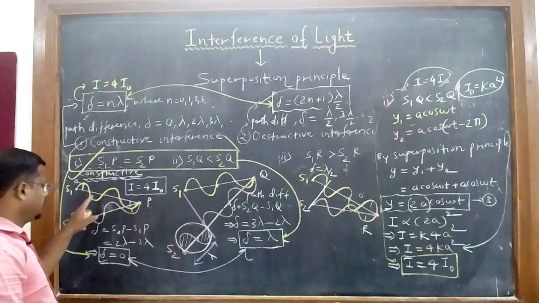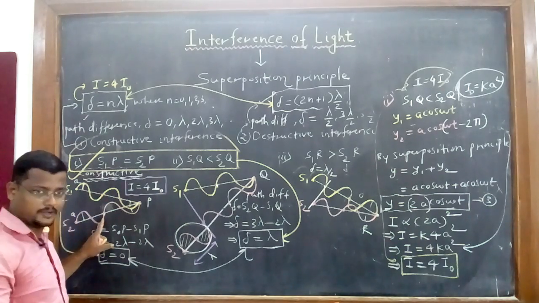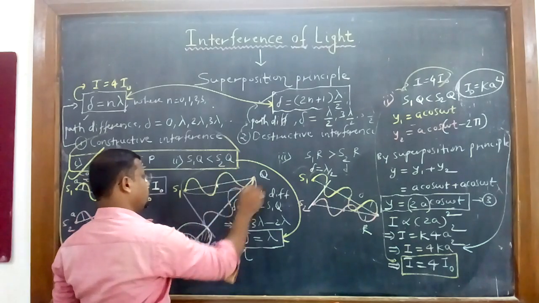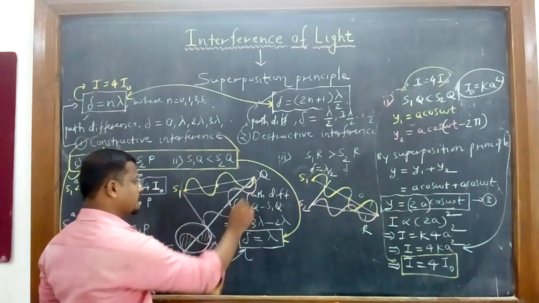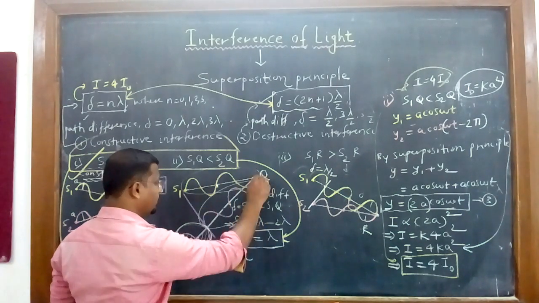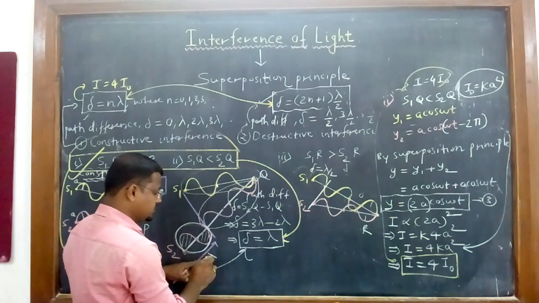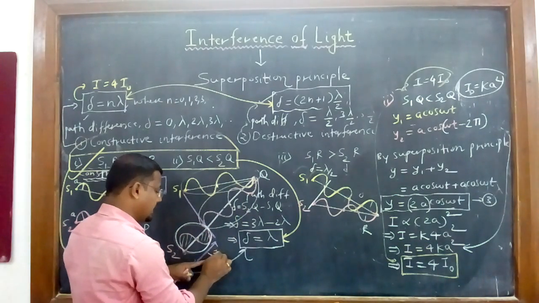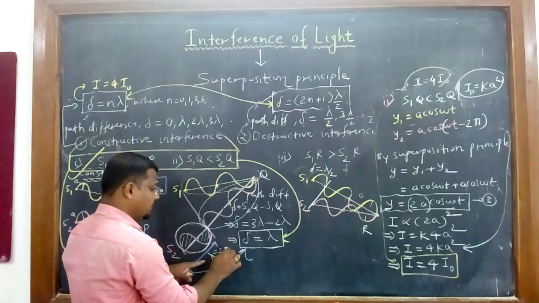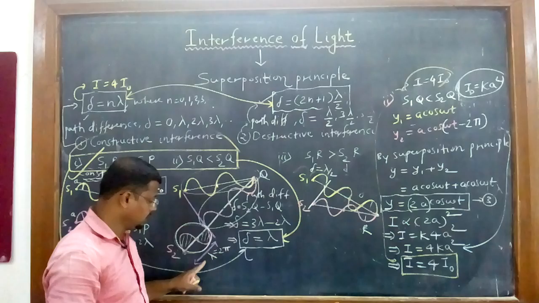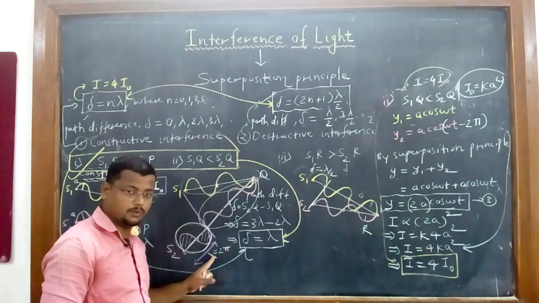So that was A cos omega t, and this is also A cos omega t only. But now Y1 is A cos omega t, while Y2 is A cos omega t minus this extra portion. How much is this extra portion? Lambda, and we know that lambda corresponds to a phase angle of 2 pi. You can go to my previous introduction part of this class. Whenever I write the wavelength, it is equal to a phase difference of 2 pi.